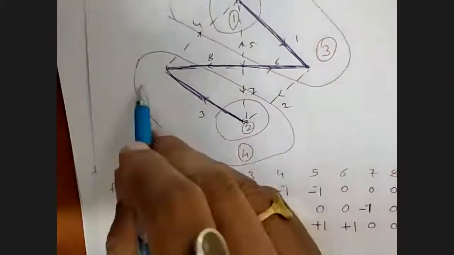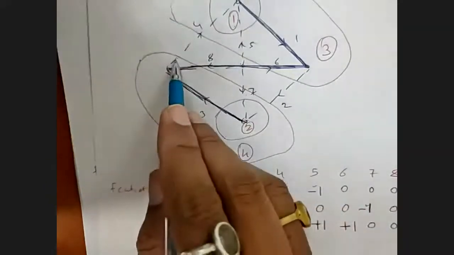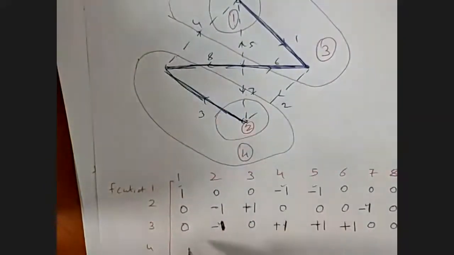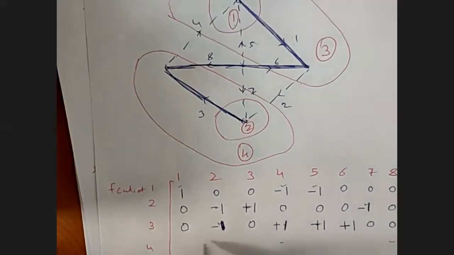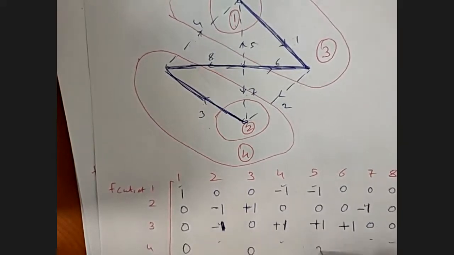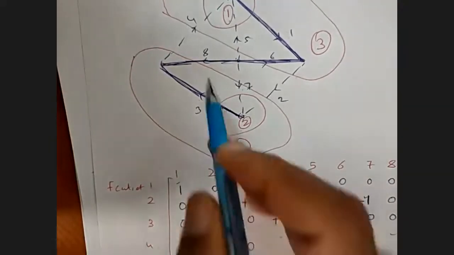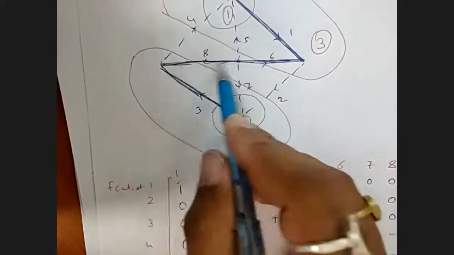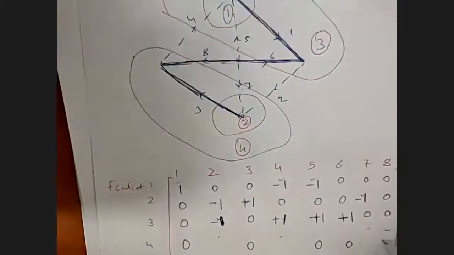And for this twig 8, it is 4, 8, 7 and 2. That means 1, 0, 3, 0, 5, 0, 6, 0. 8, that is also incoming to the circle. 8 is plus 1.